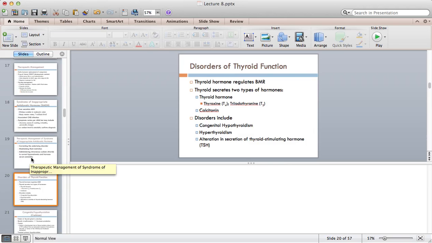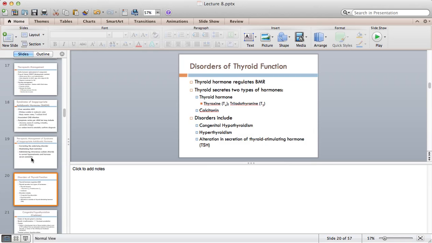So, the thyroid gland, which is a part of the endocrine system, will secrete hormones that regulate the basal metabolic rate of the body. Two hormones that are secreted are the thyroid hormone and calcitonin.